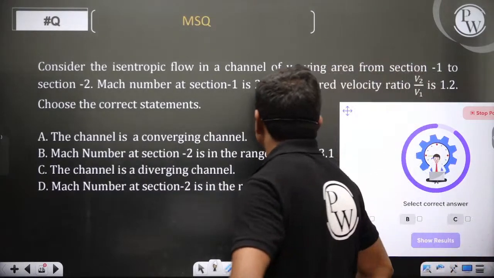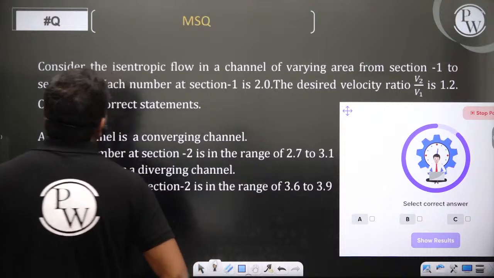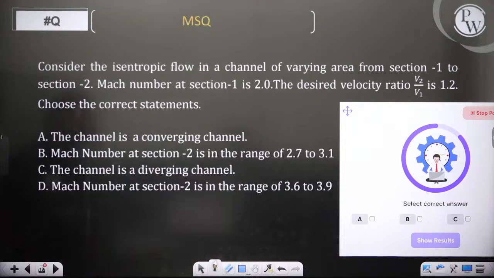Consider the isentropic flow in a channel of varying area, section 1 to section 2. Mach number at section 1 is 2. The desired velocity ratio V2 by V1 is 1.2.